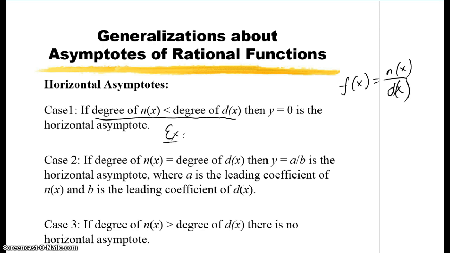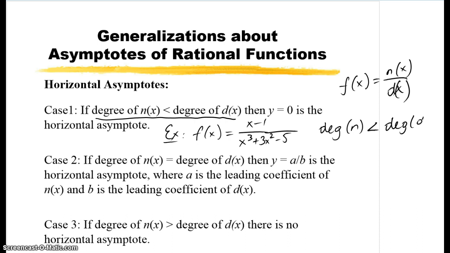For example, f of x equals x minus 1 over x cubed plus 3x squared minus 5. The degree of the numerator is less than the degree of the denominator, therefore the horizontal asymptote is y equals 0.